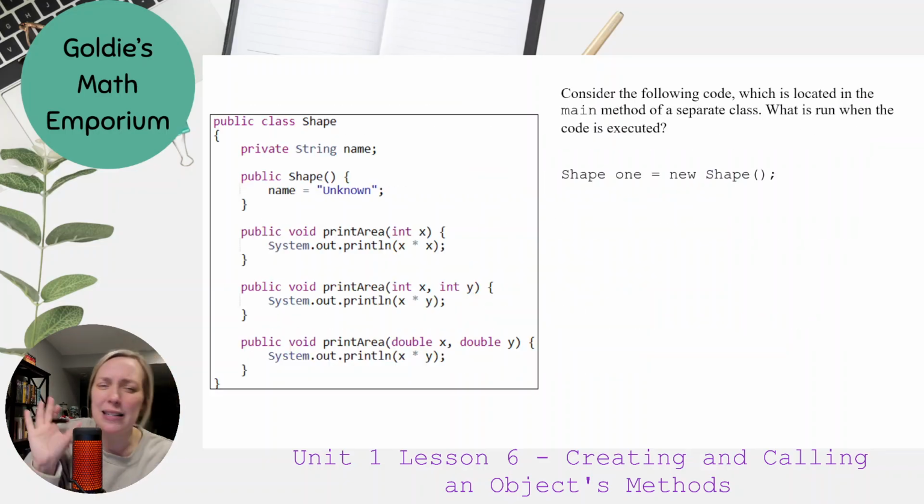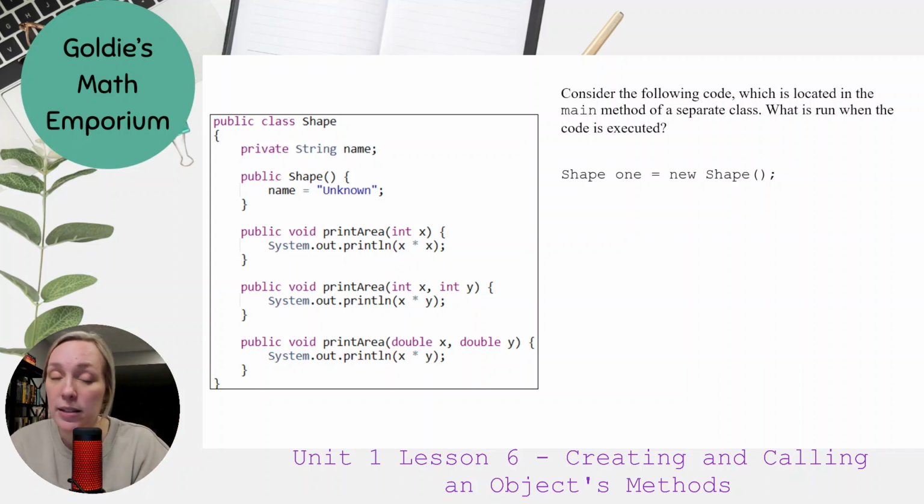Okay. Let's see an example of what I mean. Here's a new class. Let's do something that's not dog, just to have an example. Here's public class Shape. Shape has one instance variable, a string. It has a default constructor. And then it has 3 void methods.